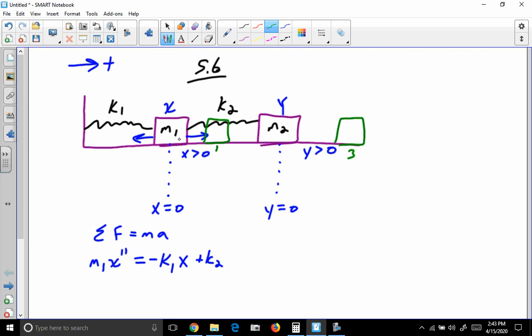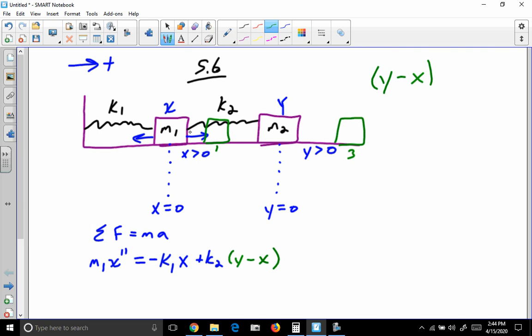It would be 2 units, because if we keep that still and move this to the right 3, then it has been stretched 3 units. But then if we move that to the right 1, we've taken away one of those units of stretch. So the y position minus the x position is how much that spring is stretched. That's going to be our displacement for that one.